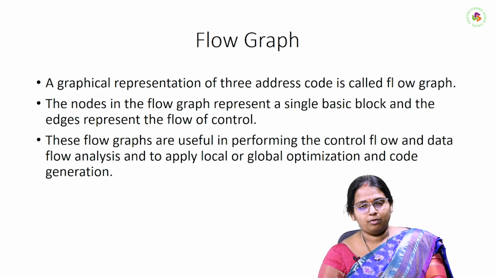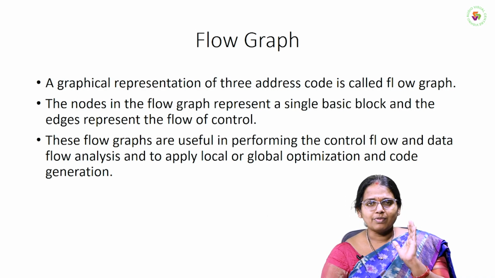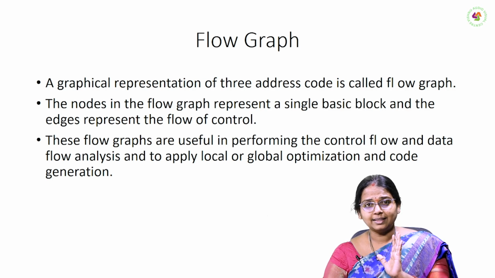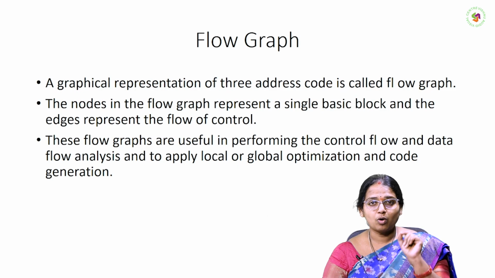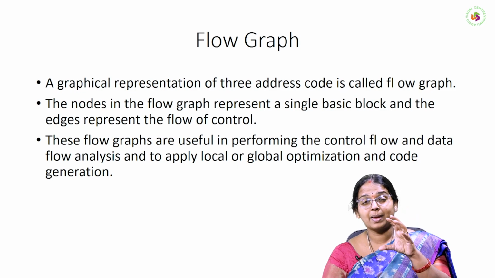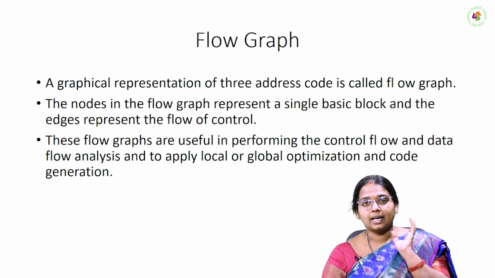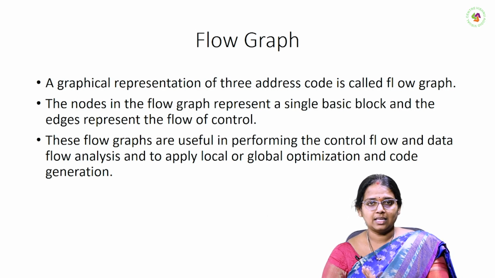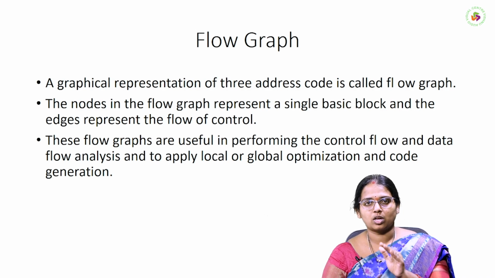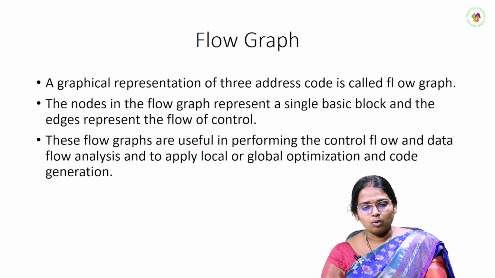The nodes in the flow graph represent basic blocks. In a syntax tree or semantic tree, each node represents a variable, whereas in a flow graph each node represents a block. To construct the flow graph, the basic thing is to identify the blocks first, and according to those blocks we construct the flow graph.